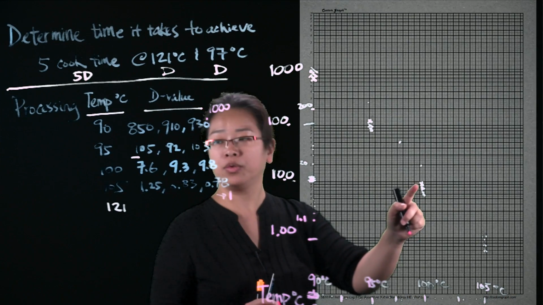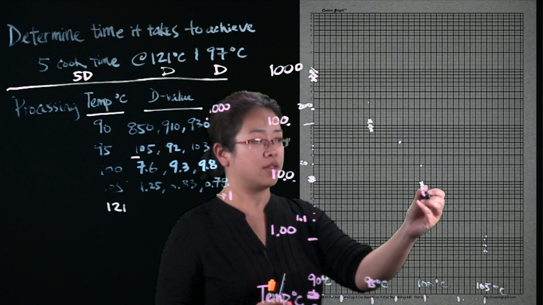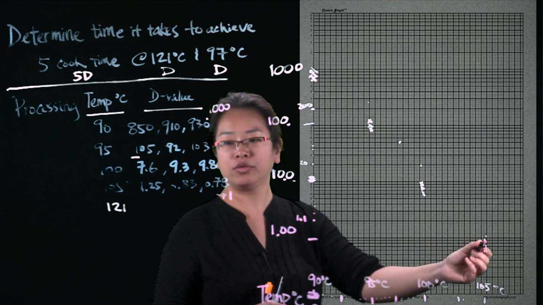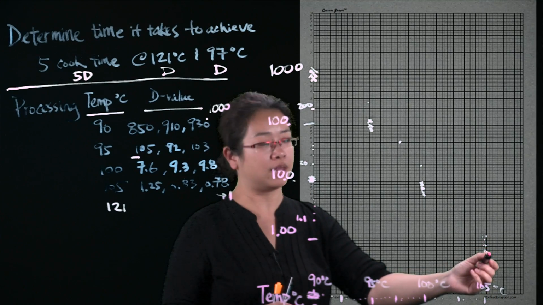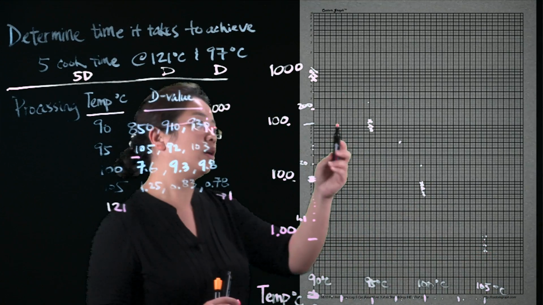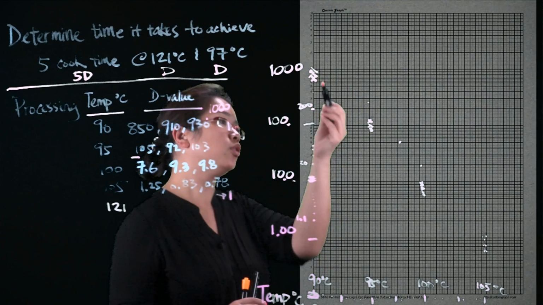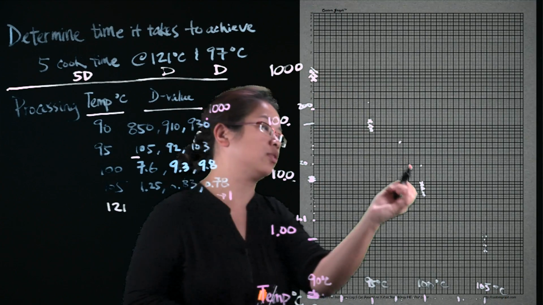And then again, I will do 7.6, 9.3, 9.8, 1.25, 0.83, and 0.78. On the midterm and on your homework, you will try to draw a best fit curve here.